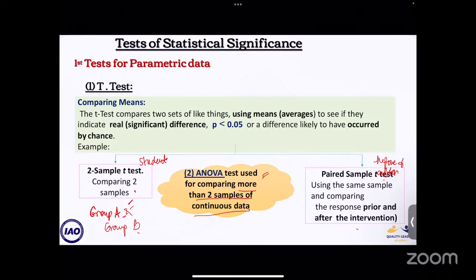And we have the ANOVA test to compare more than two samples of continuous data. While the paired sample t-test compares the same group before and after a treatment or intervention. So this explanation covers the p-value and tests for parametric data. Any questions so far?